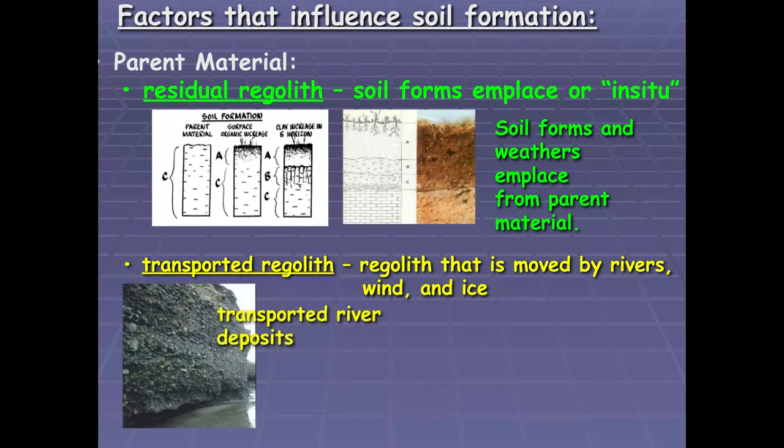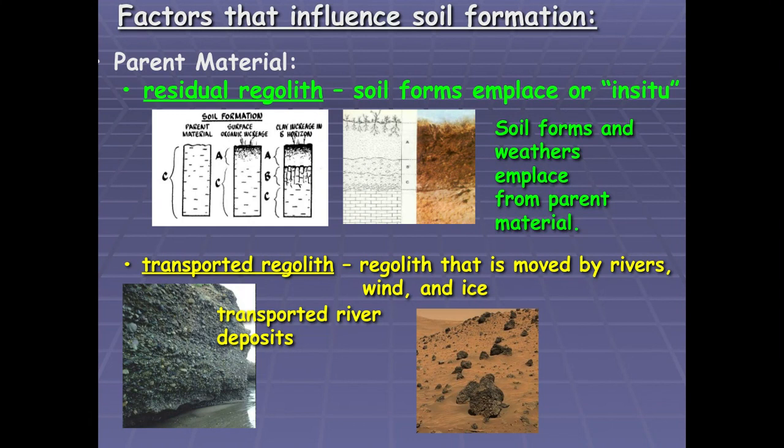And so this would be an example of a transported type regolith. Here we show river deposits. A geologist can easily identify a river deposit just by looking at how the horizons, if you will, and the soil material is being distributed and laid down.